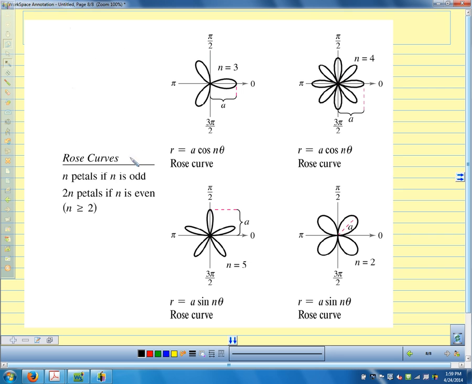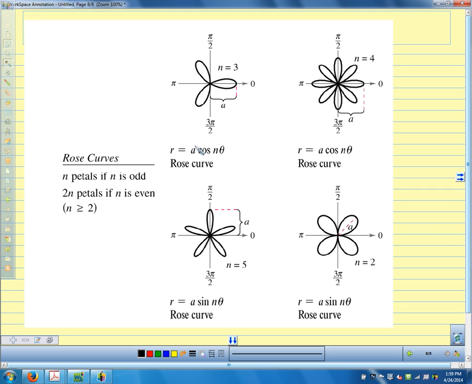If n, the number in front of our angle, is odd, we have the same number of petals as n. If n is even, we have twice as many petals as n. So here, n equals 4, and we end up with 8 petals. And A tells us the diameter of one petal.